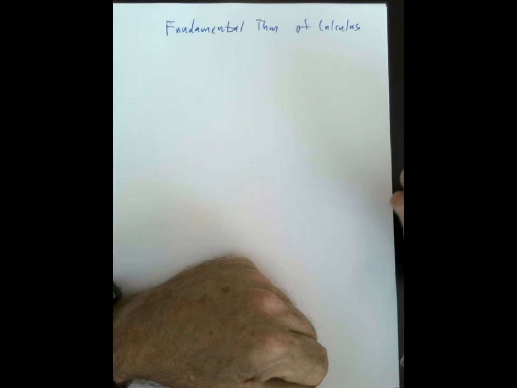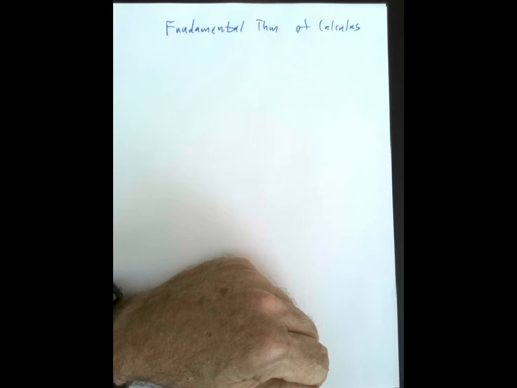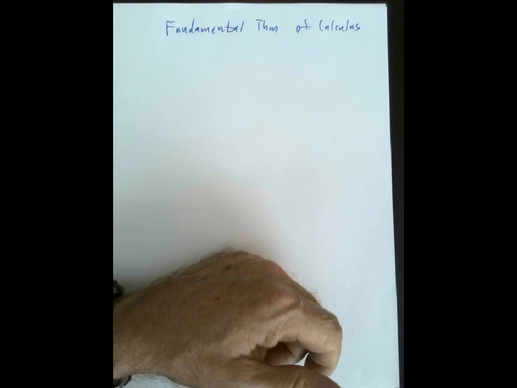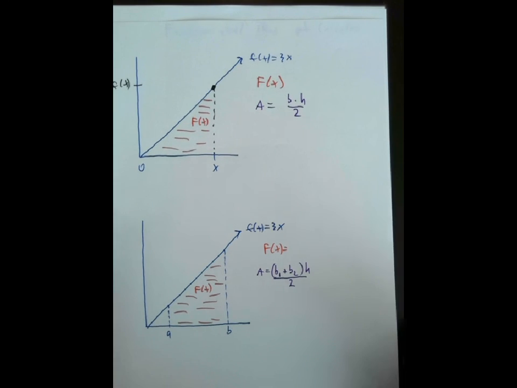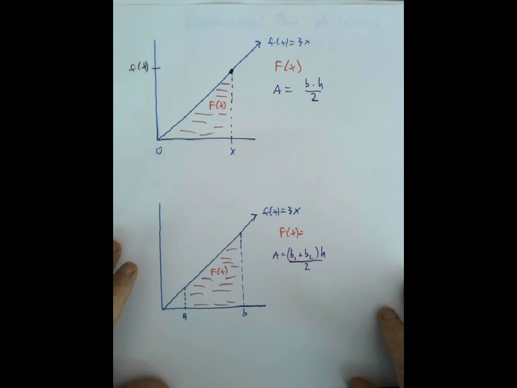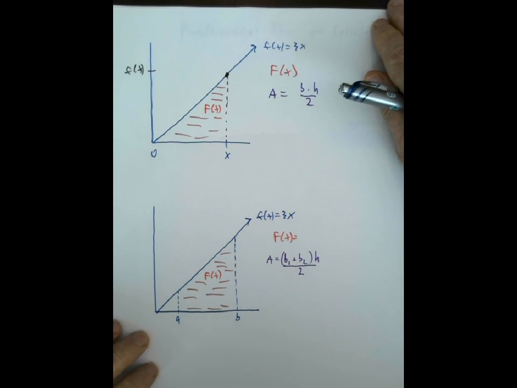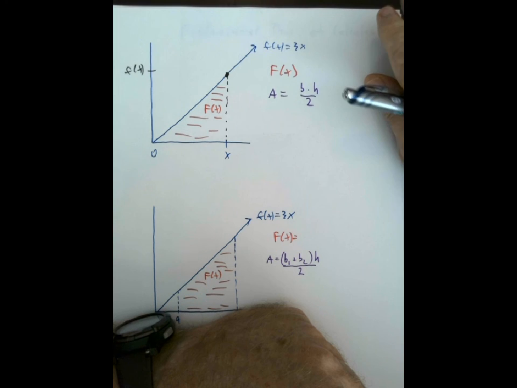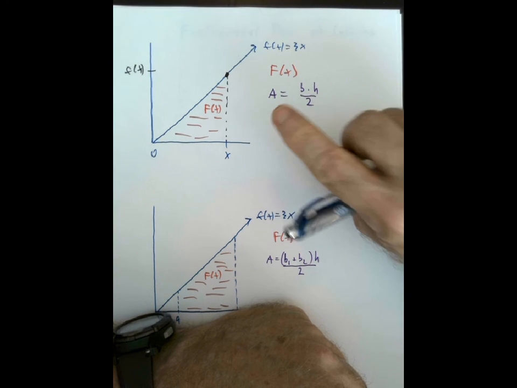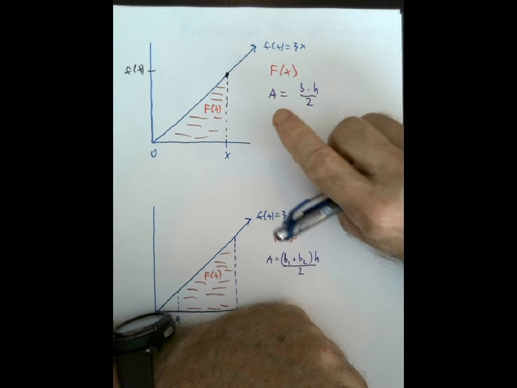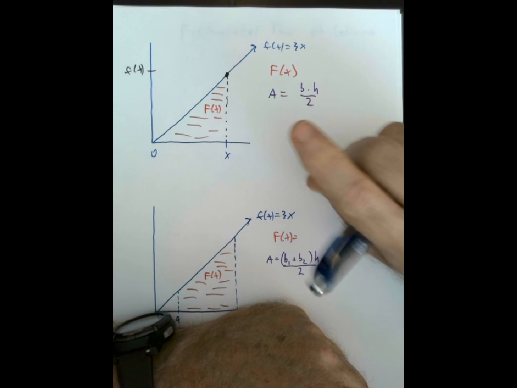So I want you to consider this situation here, okay? And remember what we're doing is finding the area under the curve, right? What the area under the curve does for us is allow us to add things up, to find totals.